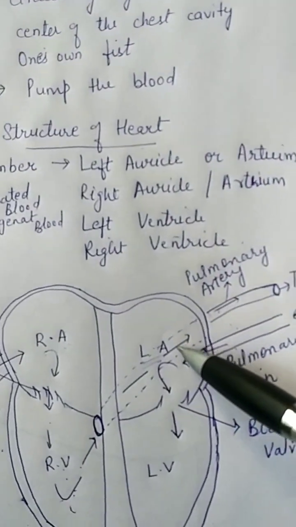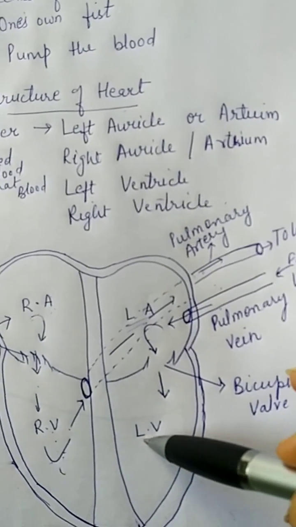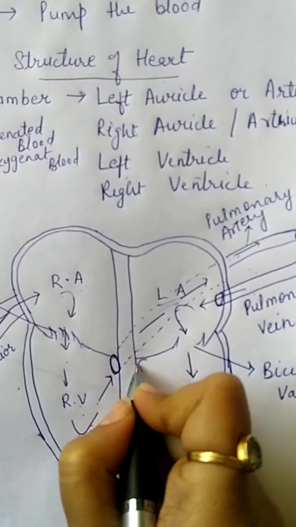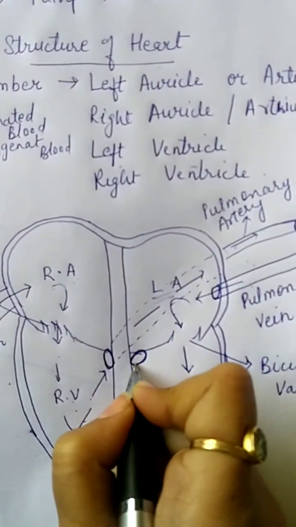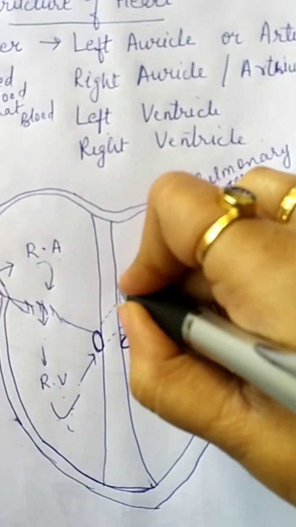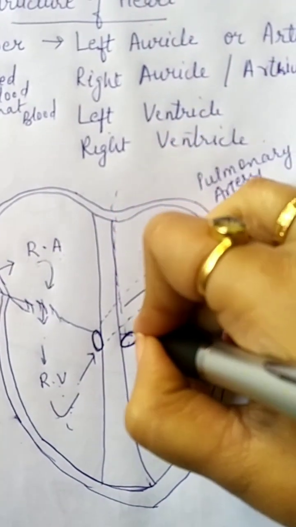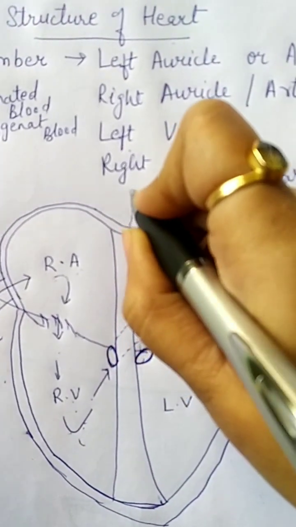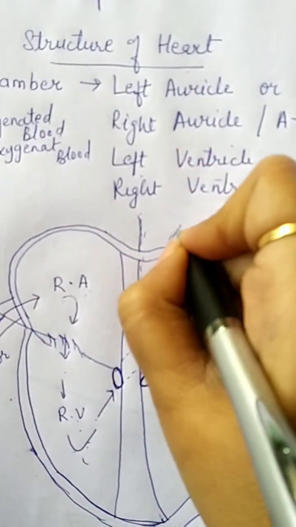So now the oxygenated blood has come to the left ventricle, and from left ventricle again here one more blood vessel is there which goes inside the heart, and it opens here above the heart, which has 3 openings.